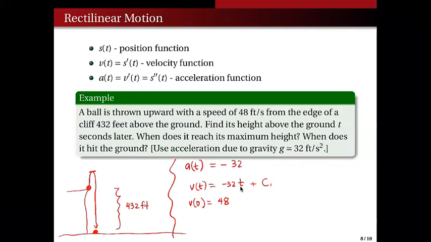So when this ball was thrown up, it has the speed 48 feet per second. Okay? So if v of 0 equals 48, this means that we have 48 equal to v of 0, but this is equal to negative 32 times 0 plus c sub 1. And therefore, the velocity function is equal to negative 32t plus 48. Okay?